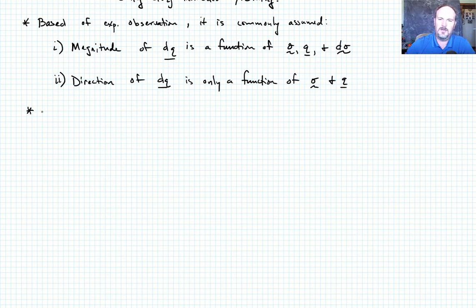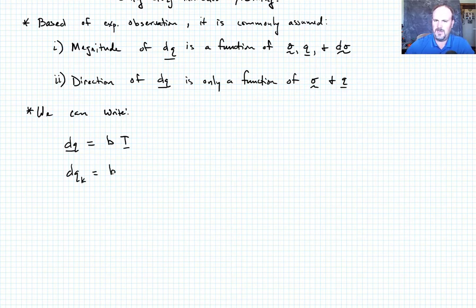So we can write, it's going to seem confusing at first, dq is equal to b times the vector t, or you could write it as dqk is equal to b times tk. Those are equivalent. What's tk?